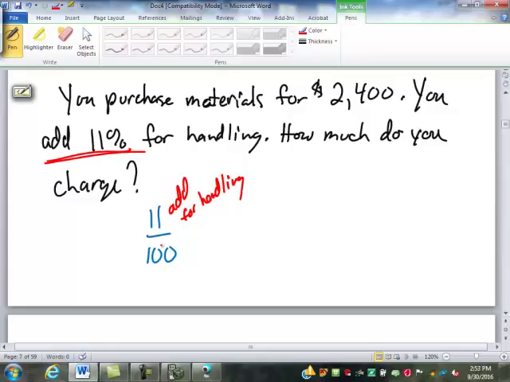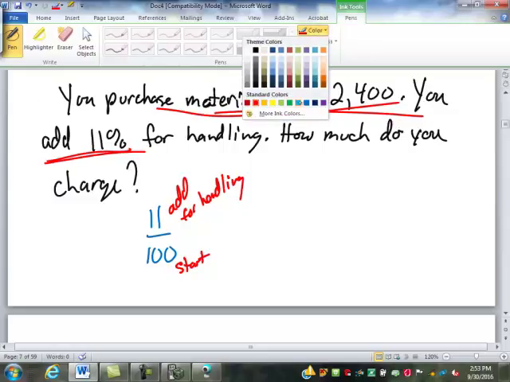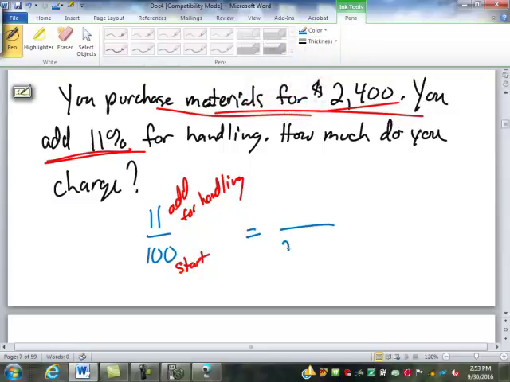The 100 represents the starting amount, what you purchased them for. So in this case, that's the $2,400. So $2,400 goes with the 100. That's the starting amount. Are we looking for the amount that we add? No. We're looking for how much we're going to charge.